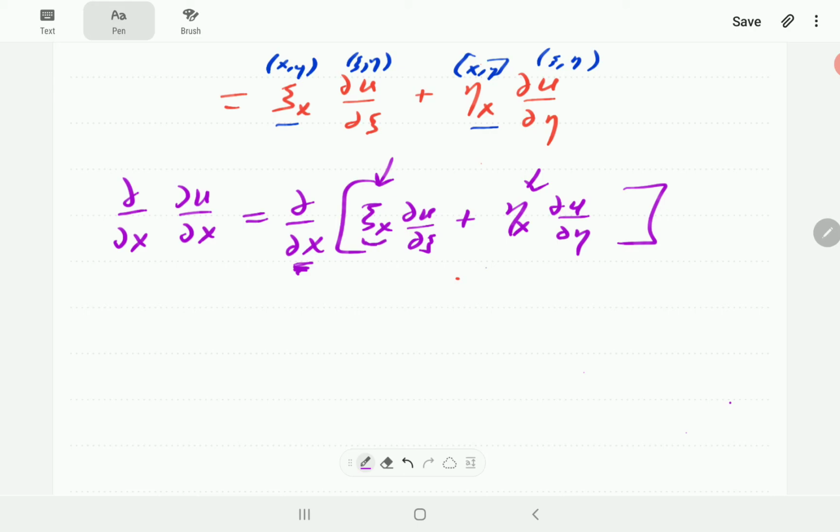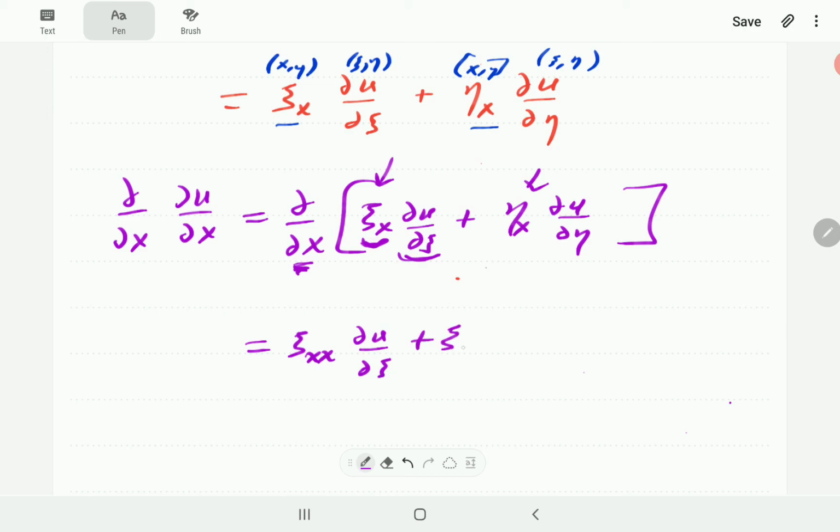We're going to start with this term, differentiate it straight with respect to x, then we keep this fixed and differentiate this one, because it depends on xi and eta, for that one we need to use the chain rule. So for this one, it's just going to be xi xx, which is the second order derivative of xi with respect to x. Keep this one fixed. Okay, so by the product rule.